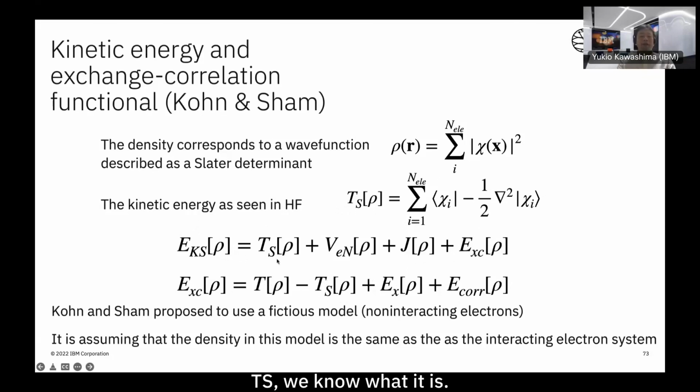Ts, we know what it is, but T is the true kinetic energy. So what this is doing is that this includes some kind of errors. So we're tucking in the error or the modification of error in this exchange correlation potential. So we're putting all the ambiguity in this exchange correlation functional.